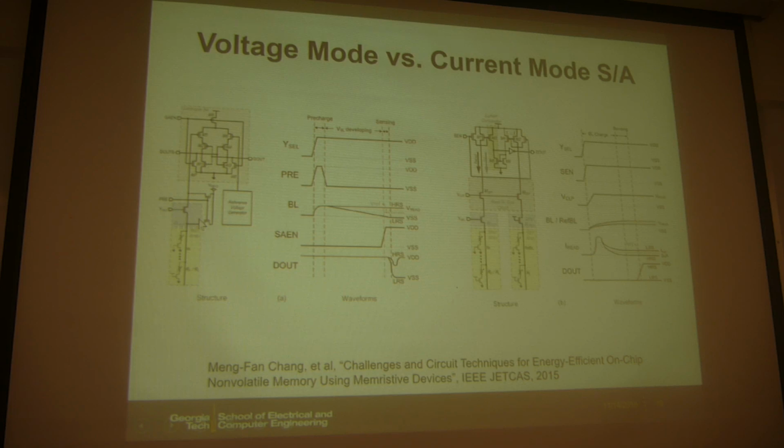So essentially you have the 1T1R here, and then this will pull down the bit line voltage depending on the resistance value. If the resistance value is large, then the current is small, so you will pull down this node slower.